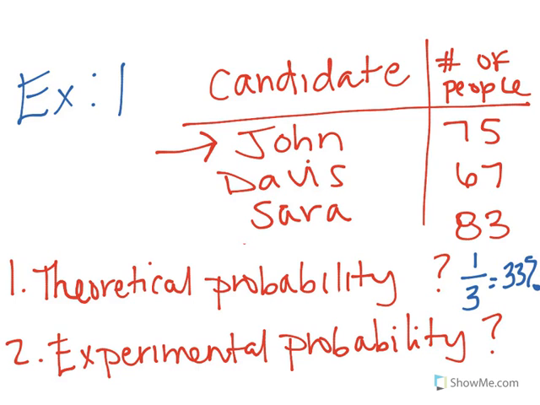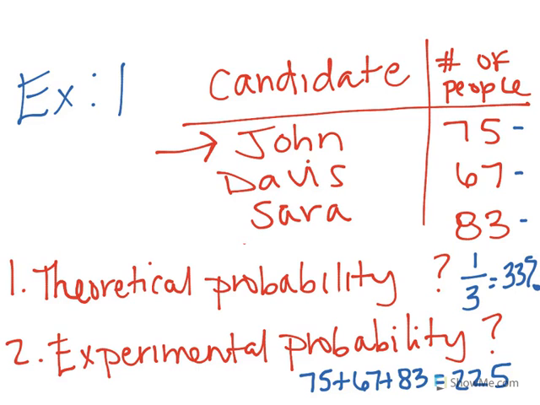Well, let's count the number of voters that actually voted for these candidates. So we have 75, 67, and 83. So if I add 75 plus 67 plus 83, I'm going to get 225 voters.